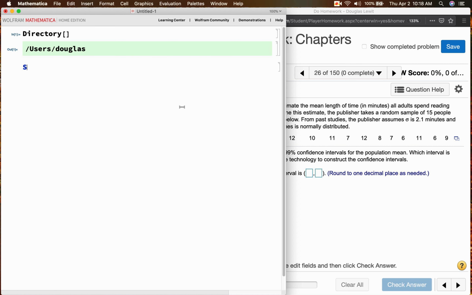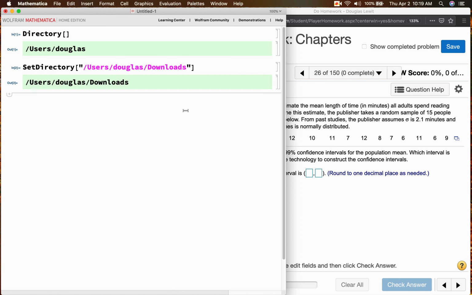I need to change that. Set directory users Douglas downloads, because that's where the file is located on my computer.